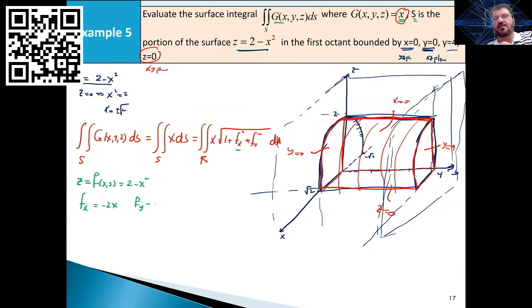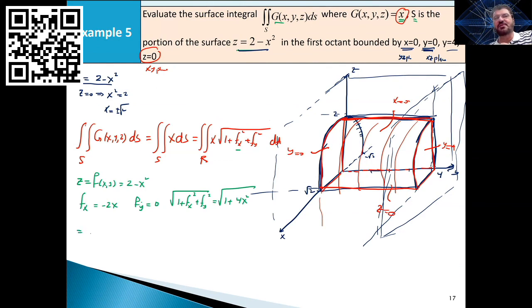Fy is 0, there is no y to differentiate. So the square root of 1 plus fx squared plus fy squared is the square root of 1 plus 4x squared, and fy is 0. So this is what's left.